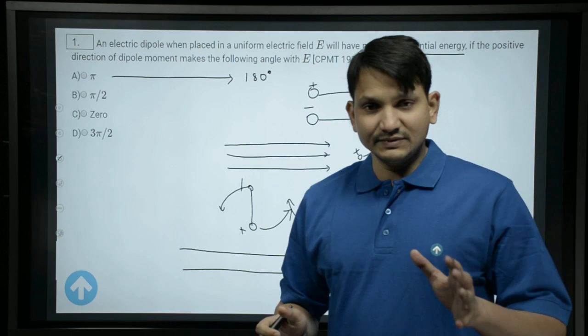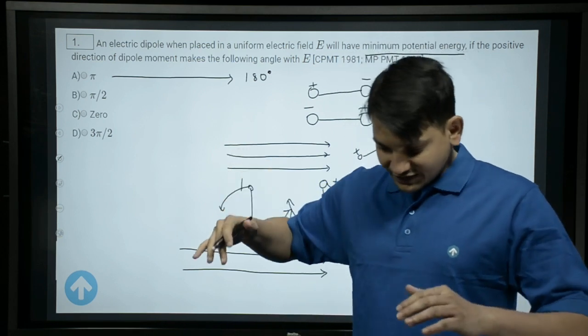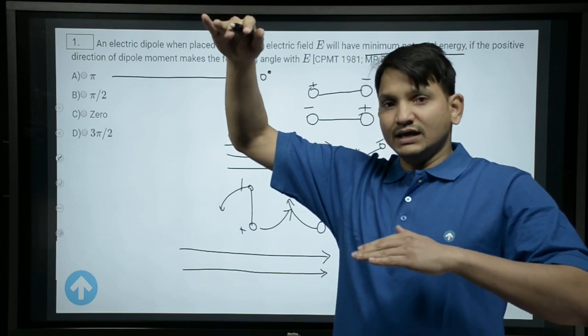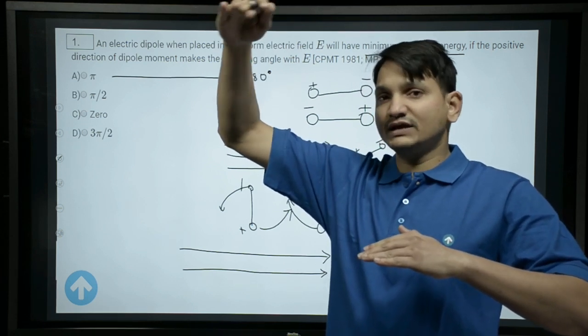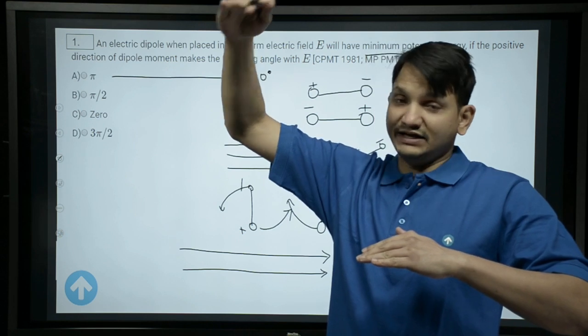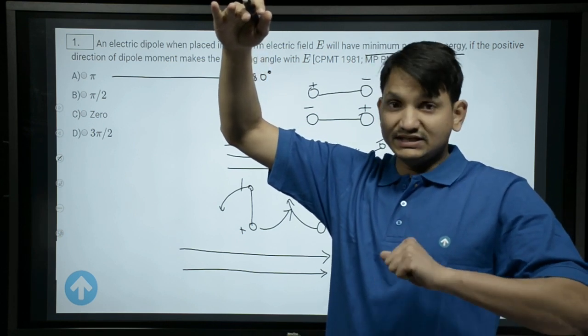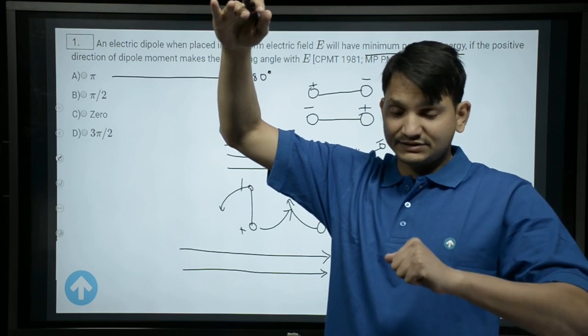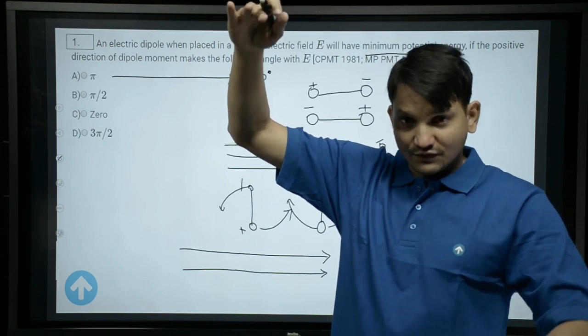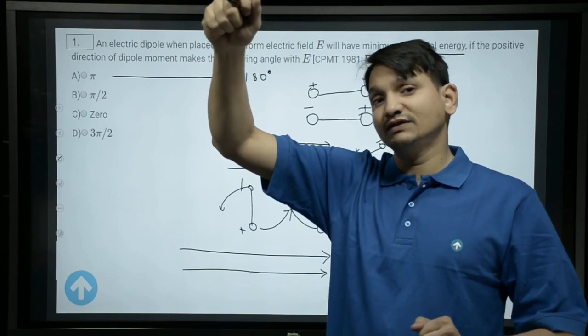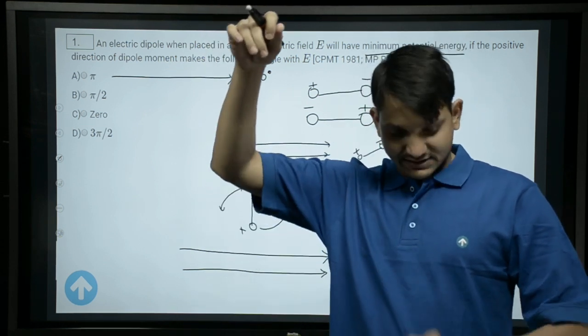Suppose when we talk about gravitation, which point is more stable, this one or this one? This one has more gravitational potential energy, so definitely this is not as stable as this one, because this has lower potential energy. If it is allowed to fall, it will not fall with much speed, while this will fall at very high speed as compared to this one.